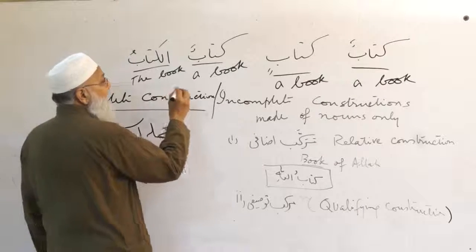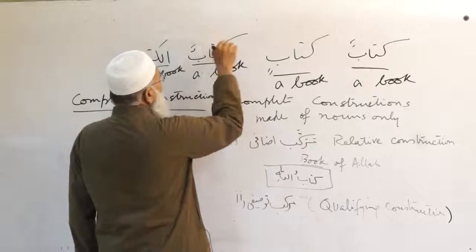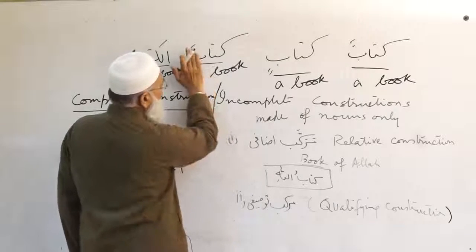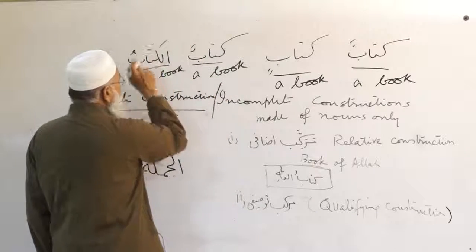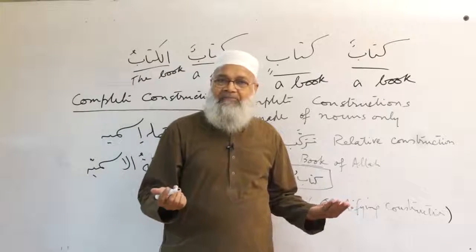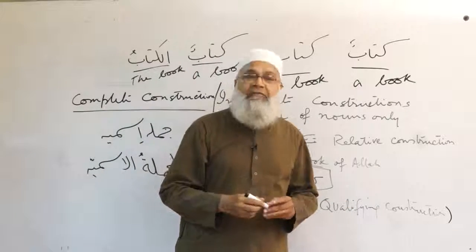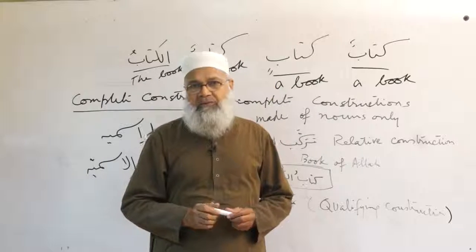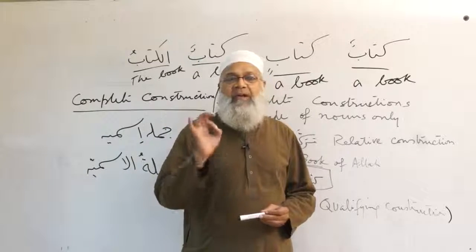Don't translate kitabun as just book. No, a book. Al-kitabu, the book. Now these are two different words altogether. So in Arabic, the four characters of a noun are very, very important.